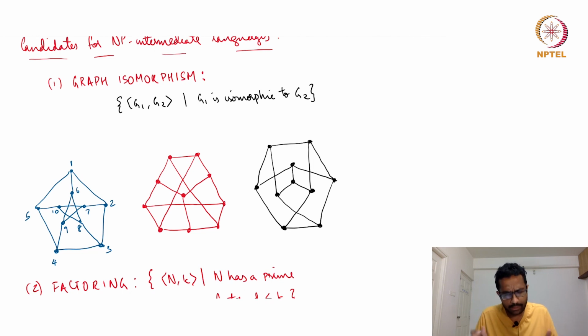Here I am giving it in a pictorial sense. When you're giving it to a Turing machine, you may give the adjacency matrix or the adjacency list. The order of the vertices may have been jumbled up. But just to make you understand, I am drawing a pictorial version of graph isomorphism, right?